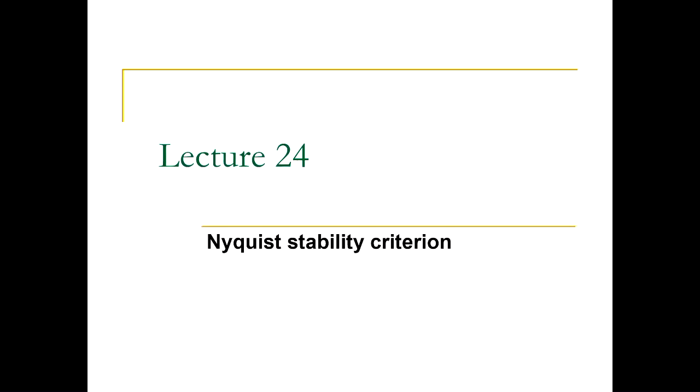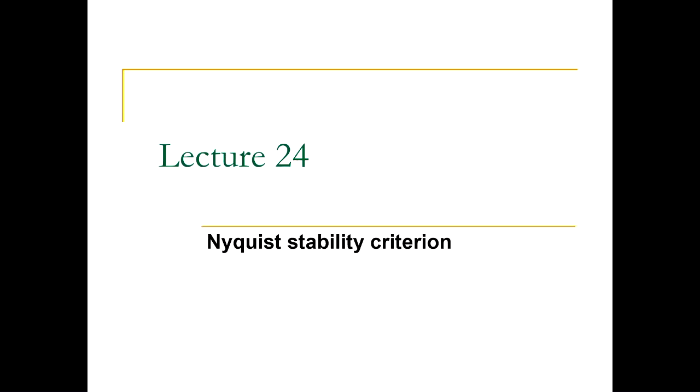So this lecture will go in much more detail to explain the relationship between Cauchy and Nyquist stability criterion, and we will state a simpler version of Nyquist. The simpler version would be when the open loop transfer function doesn't have any poles on the imaginary axis. That's the simpler version. Okay.